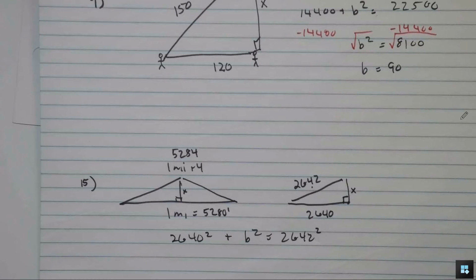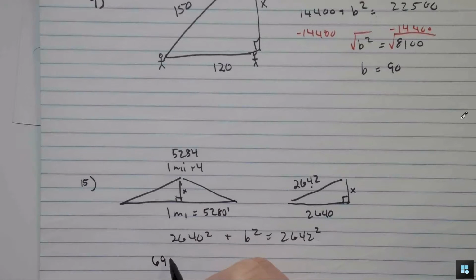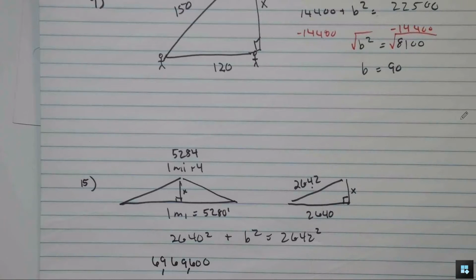Does anybody want to see that worked out more to get the actual x? Okay, so let's go ahead and work that out. So we have 2,640 and we square it. We get 6,000, well, I don't know, I'll write all the digits down, then I can figure out what it is. Okay, so 6,969,600.